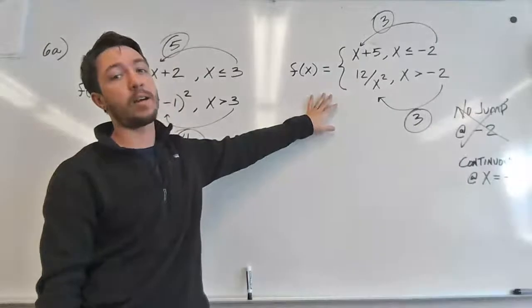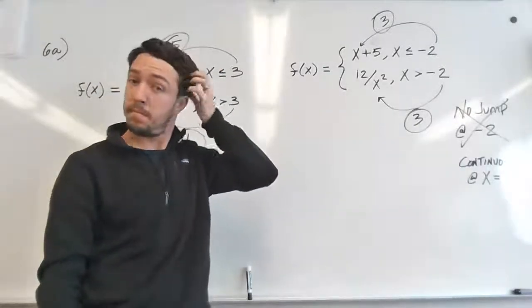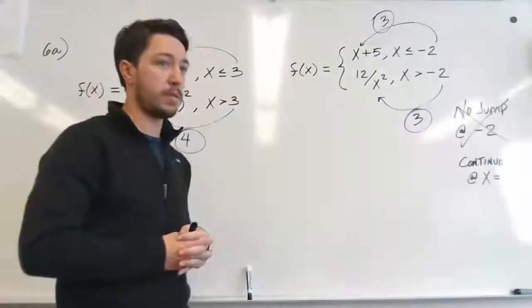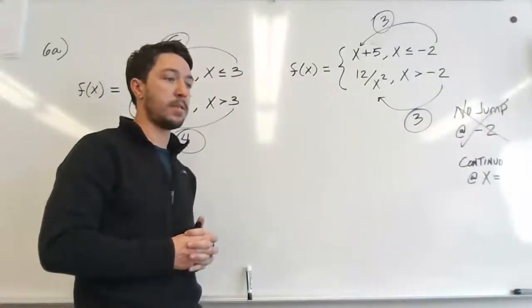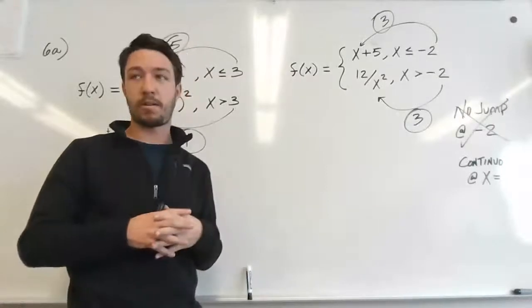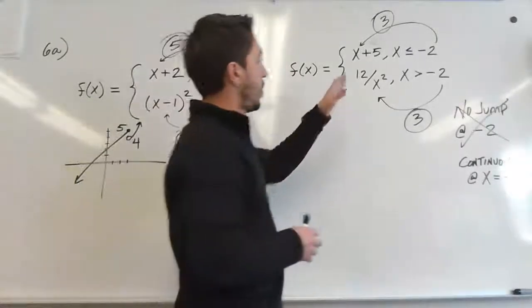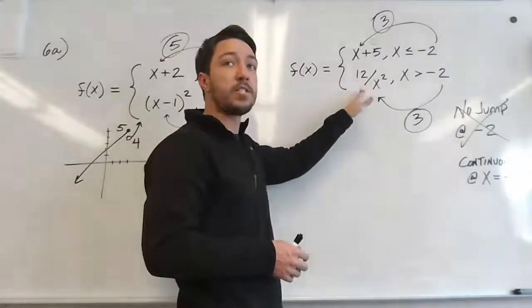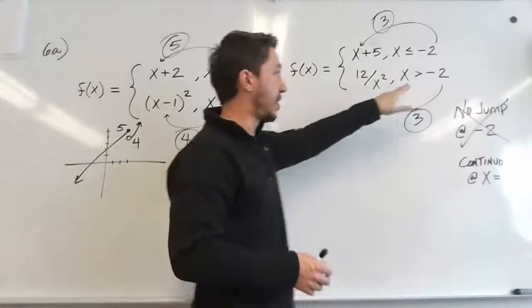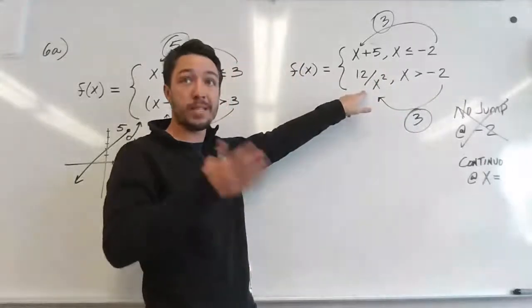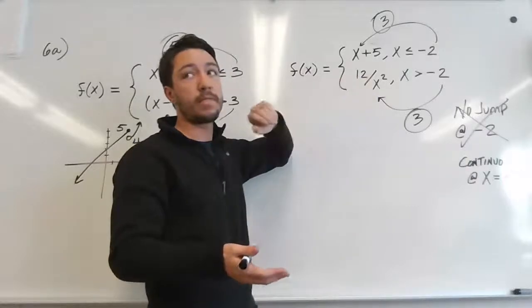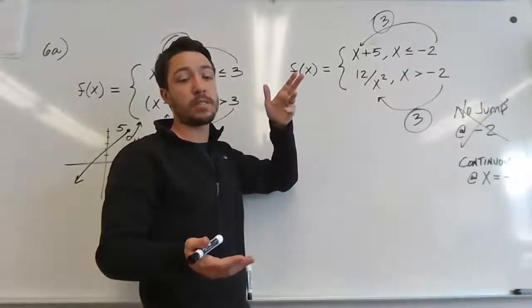Because it's saying that it's to the right of -2, and so it's including the asymptote at 0. That's a great explanation. This function takes hold everywhere to the right of -2, and its asymptote, which is at 0, is to the right of -2. So that asymptote would get included in the graph. That makes sense?